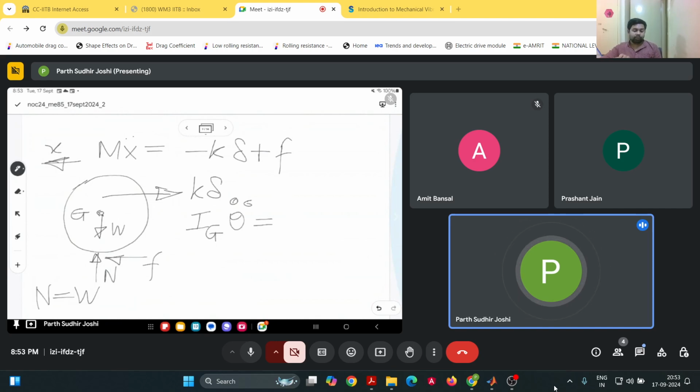So k delta will provide it in clockwise direction, so it will be k delta into d minus friction force into radius a, let us say, and friction force.